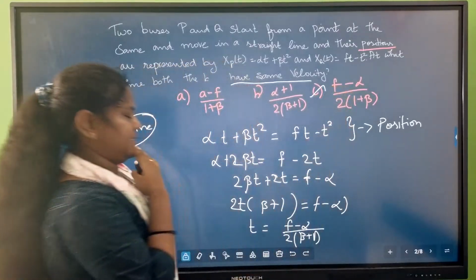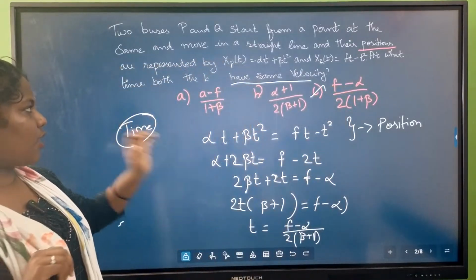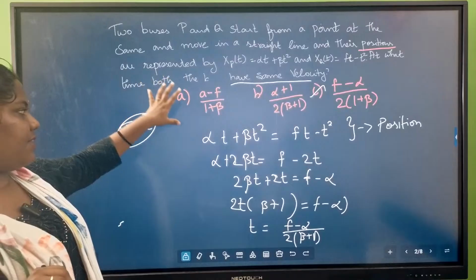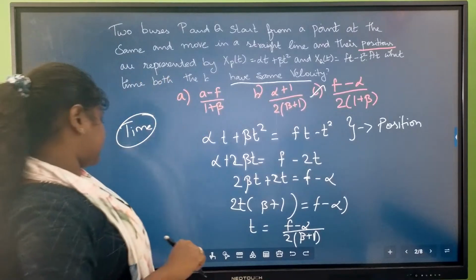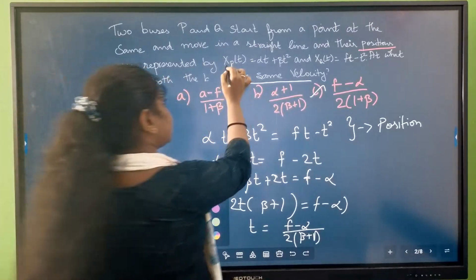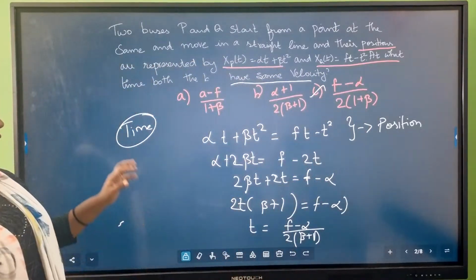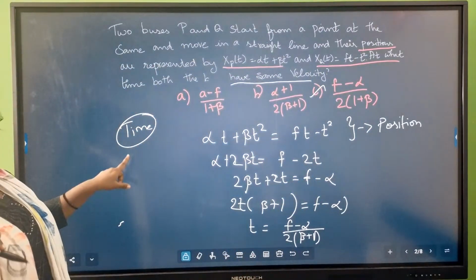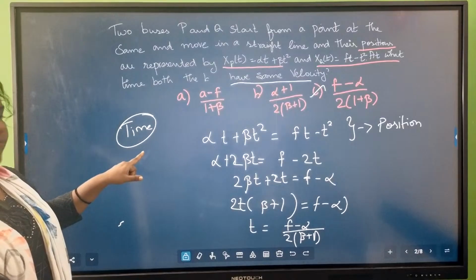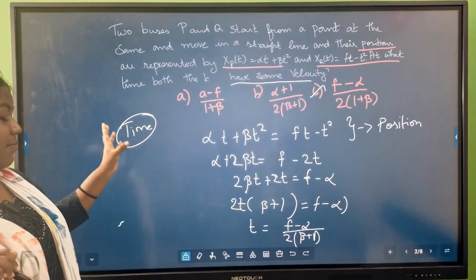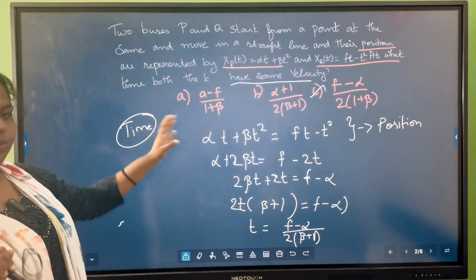Am I correct? Yes. So what we have done, they have given the positions as xp of t and xq of t. These are your positions. We have to find time. They have given position. We have to find velocity.